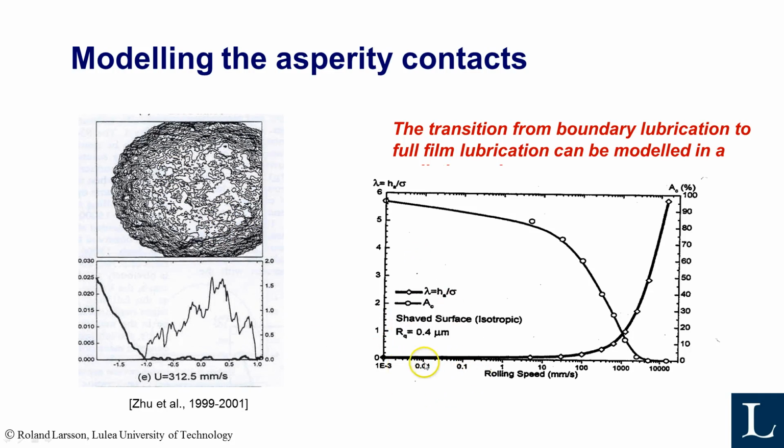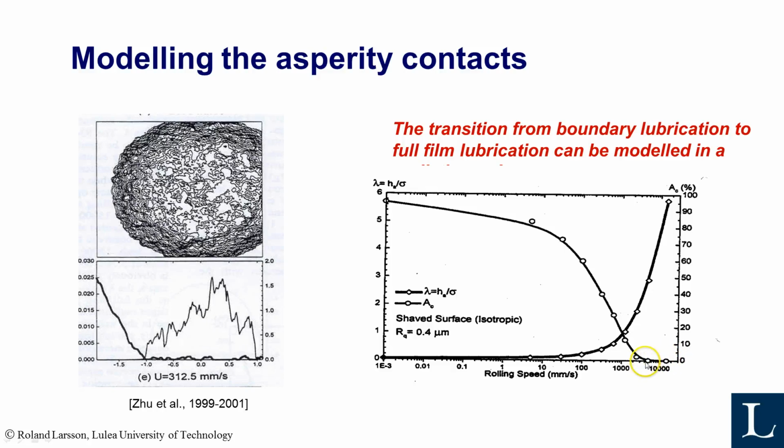lift-off speed here. So this curve shows how much, this curve shows the film parameter, and this curve shows the real area of contact, or how much contact you have here. So in this case, when the degree of contact is 0, that means full film lubrication.